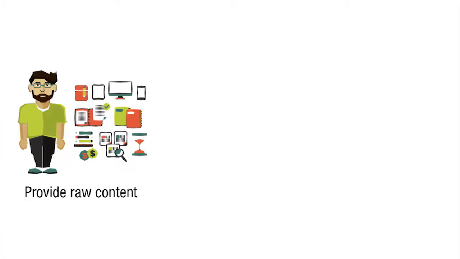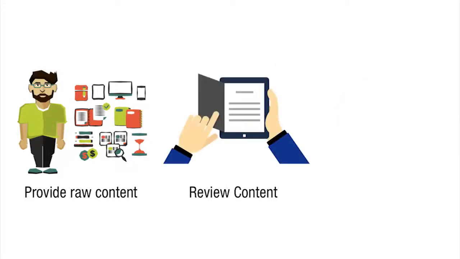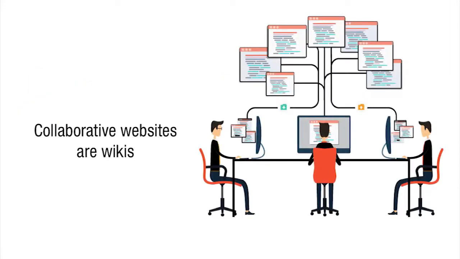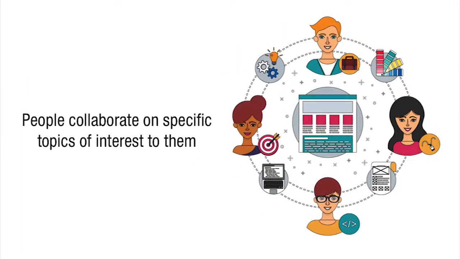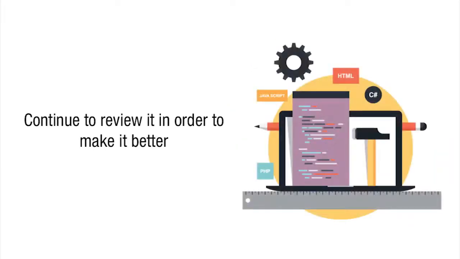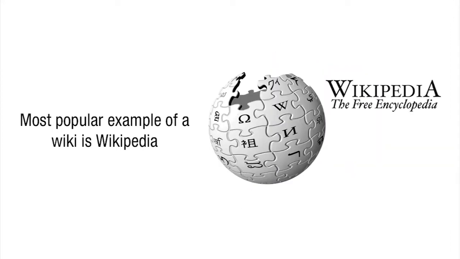Some might provide the raw content, some might review it, and some might format the content. Examples of collaborative websites are wikis, where people collaborate on specific topics of interest to them, and once a page on a particular topic is created, they continue to review it in order to make it better over time. The most popular example of a wiki is Wikipedia.